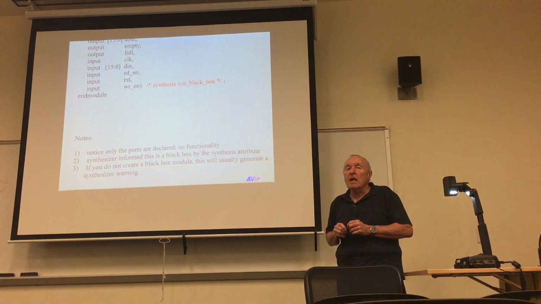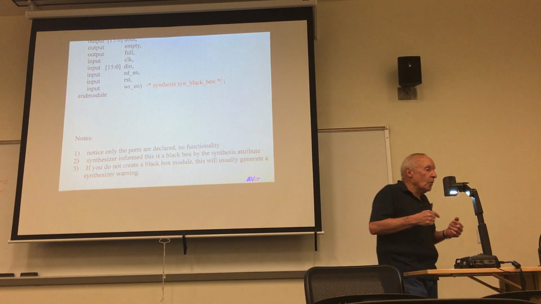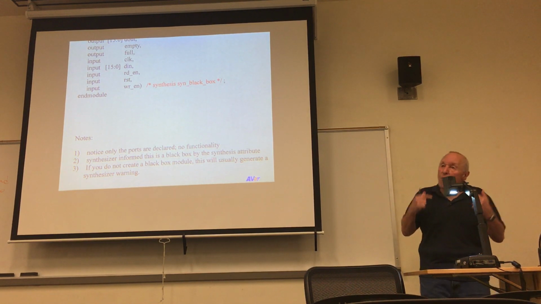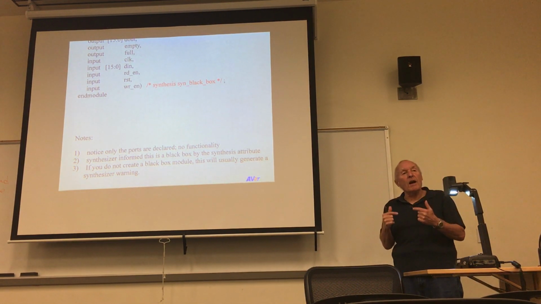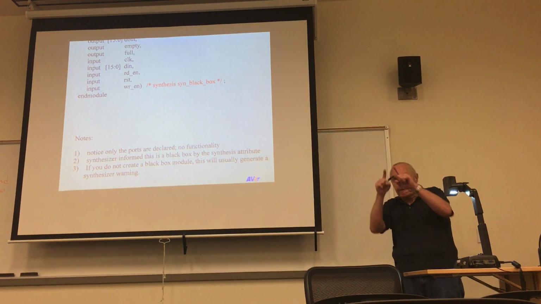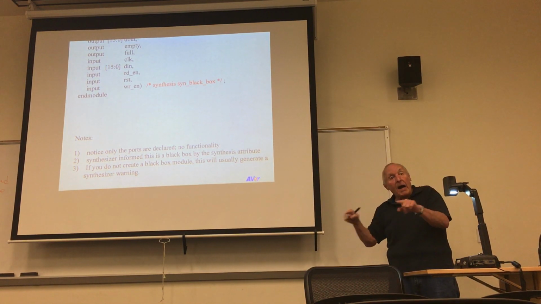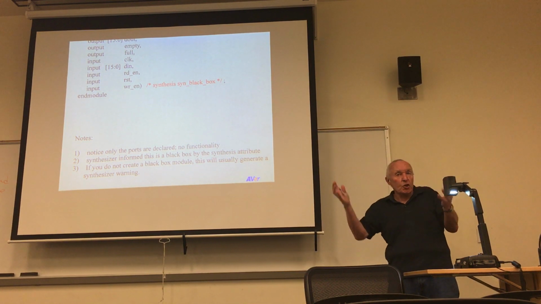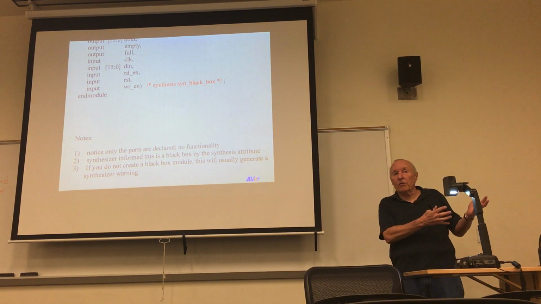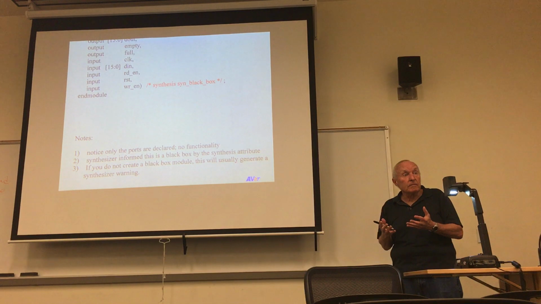Okay. Now, when you get to the place and route, the netlist that it got from the synthesizer is going to say, here was a black box module, and the place and route is going to say, okay, do I have netlist information to do that?